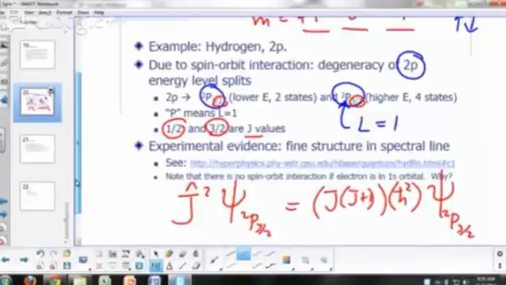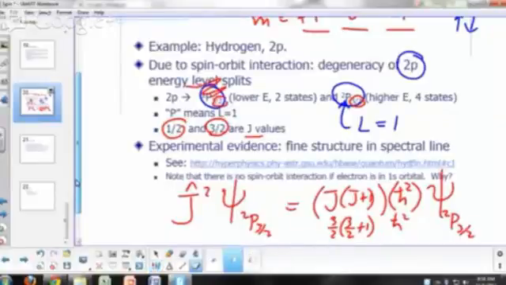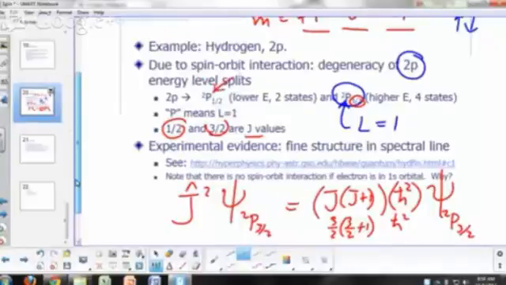What's our J in this case? 3/2 times 3/2 + 1 and h bar squared right there. So that subscript in the label for the quantum state is the J. This P here is the code for L, and the 1/2 is the code for J.